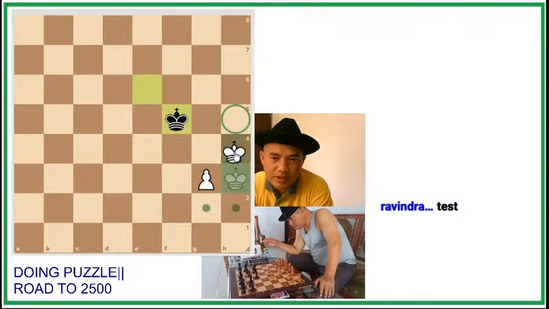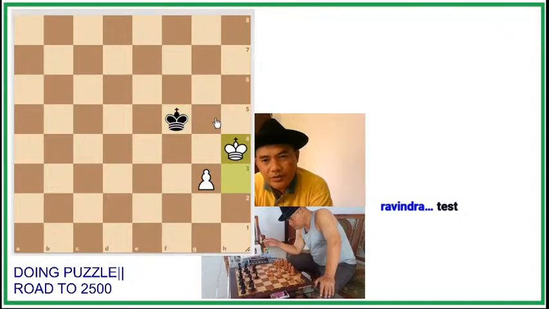So white will attack the key square, and the only way for black is to go to g6 to prevent white from occupying this key square.